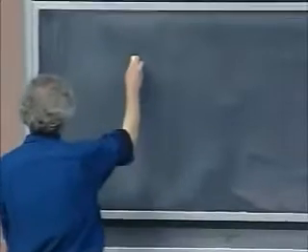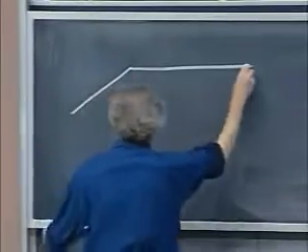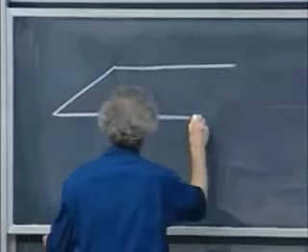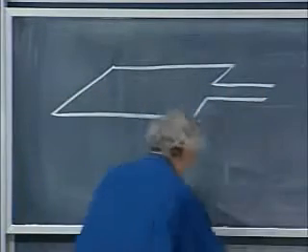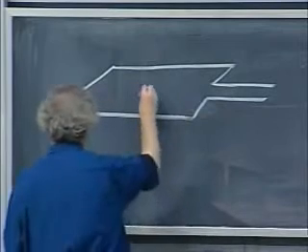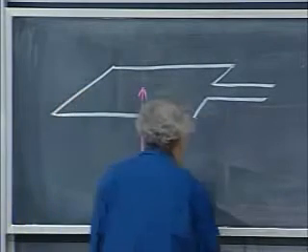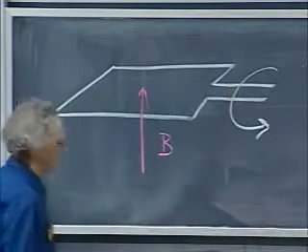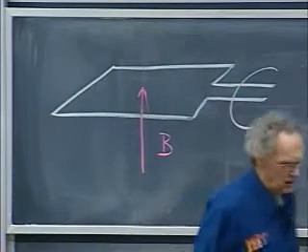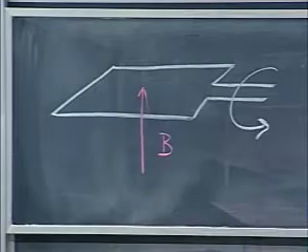Here is again one of those loops. Conducting wire, and I don't care about the direction of the magnetic field. If you want it this way, that's fine. What matters is that we're going to rotate it about this axis. And as we rotate it about this axis, we're going to get an induced EMF.